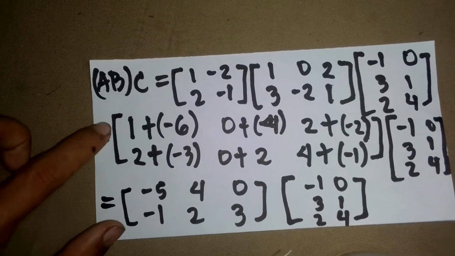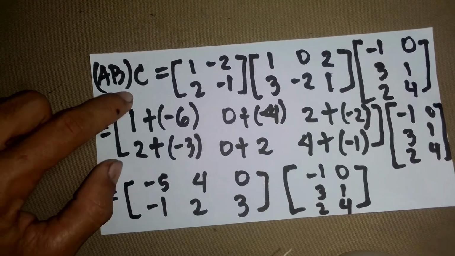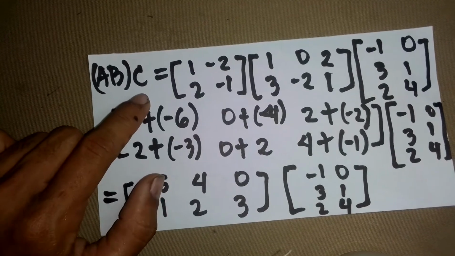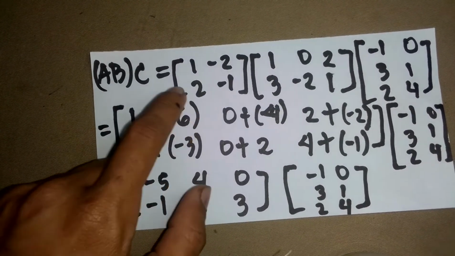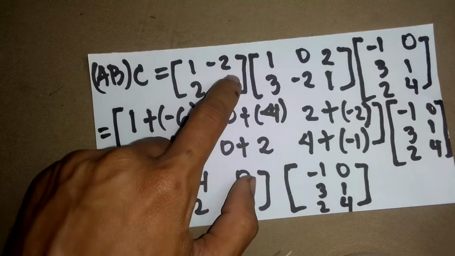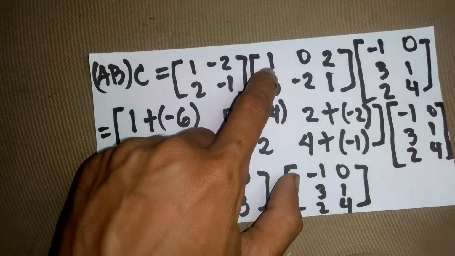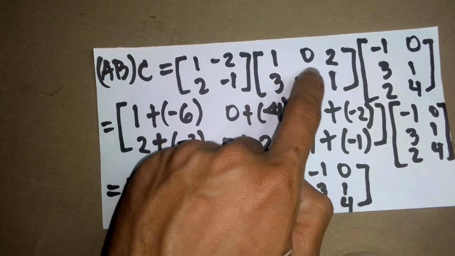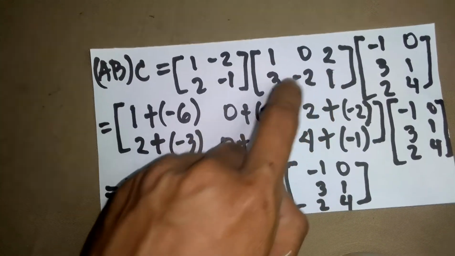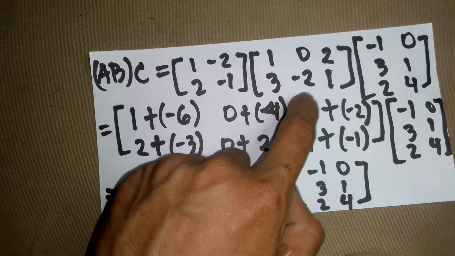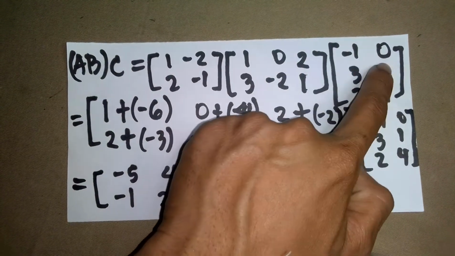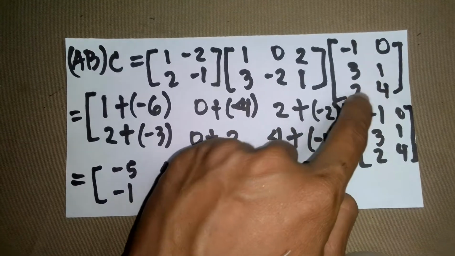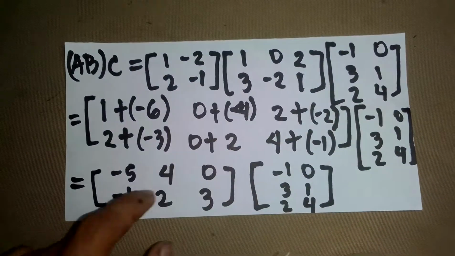For our previous example, AB multiplied by C, matrix A is 1, negative 2, 2, negative 1, matrix B is 1, 0, 2, 3, negative 2, and 1, and matrix C is negative 1, 0, 3, 1, 2, 4.